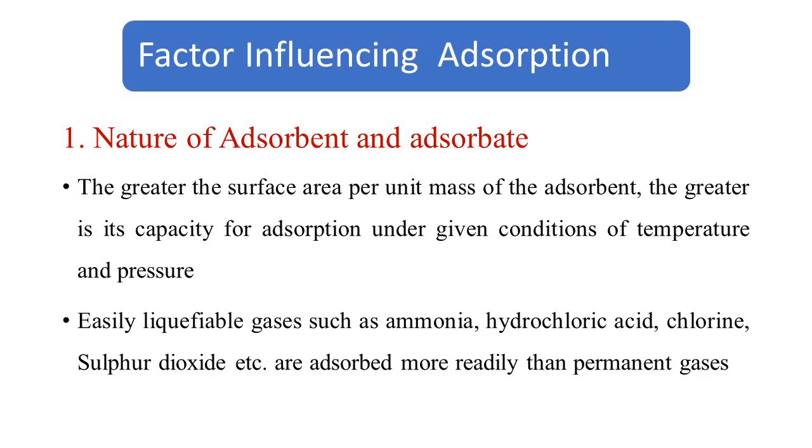Therefore, we can say that these gases, that is ammonia, hydrogen chloride, chlorine, sulfur dioxide, etc., are easily liquefiable gases. Easily liquefiable gases are adsorbed more readily than permanent gases.